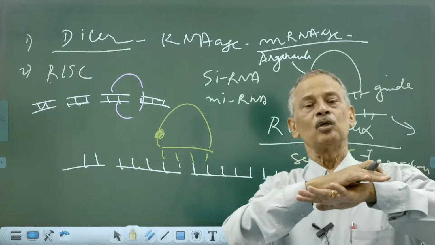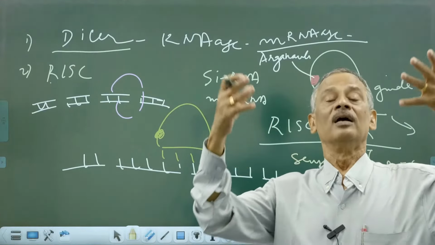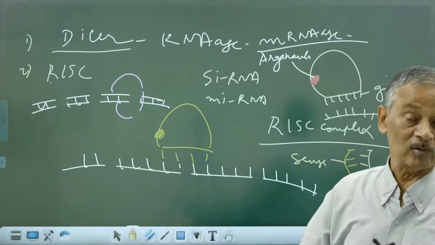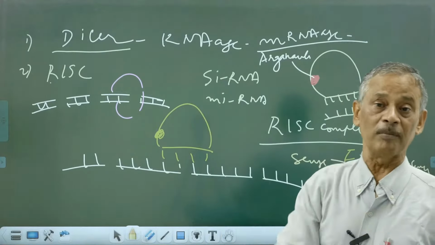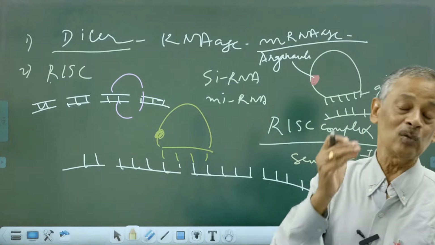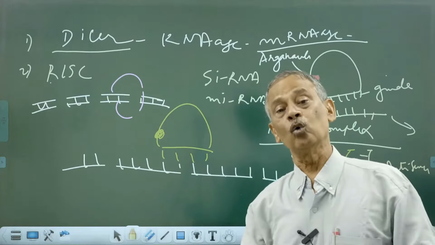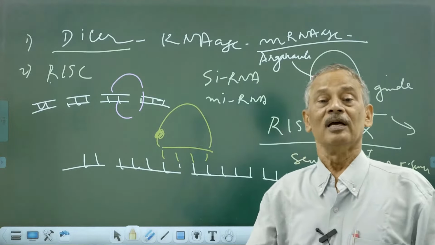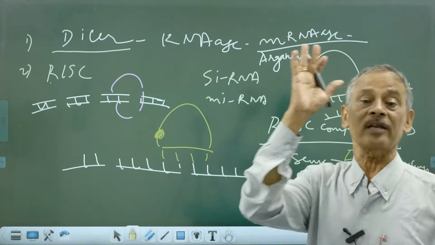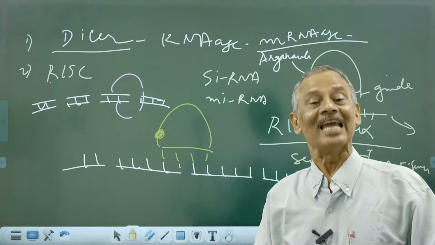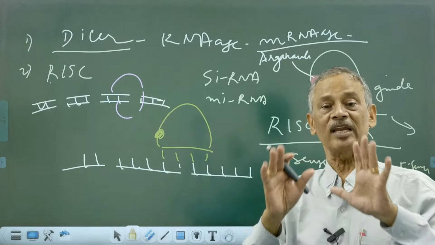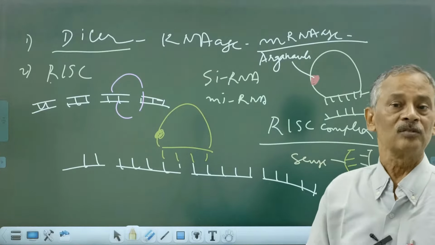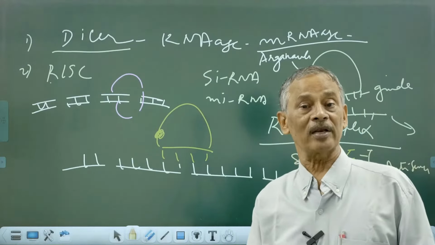When such tobacco plants are cultivated, what will happen? When the nematode comes and tries to enter into the root of the plant, it will produce the mRNA for the production of the enzyme. See, it is with the help of that enzyme that it enters into the roots. So it will be producing mRNA.